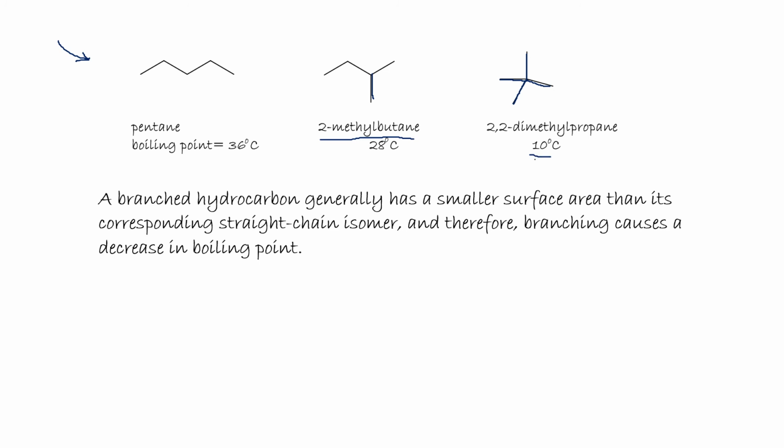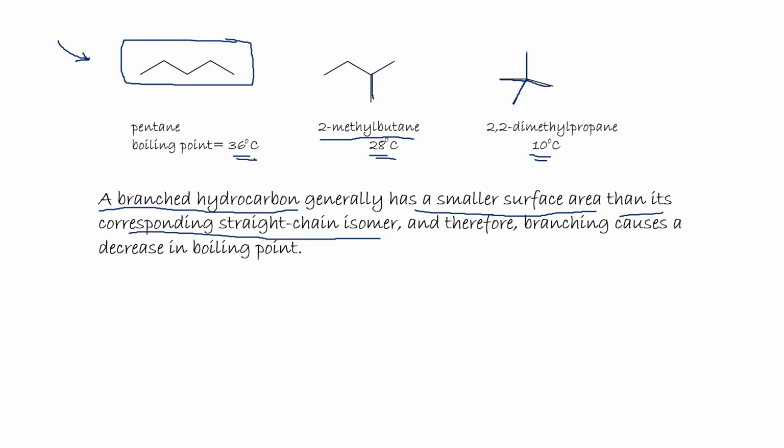Here the boiling point is 10 degrees Celsius, 28, and here is 36, since this straight chain alkane has more surface area to interact. A branched hydrocarbon generally has a smaller surface area than its corresponding straight chain isomer, and therefore branching causes a decrease in boiling point.